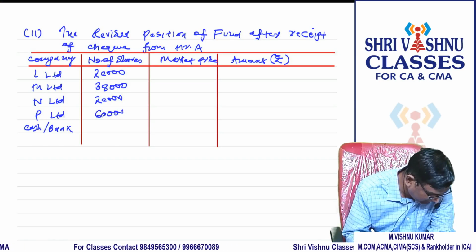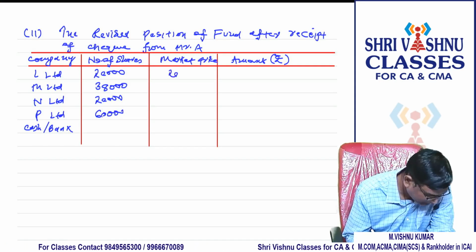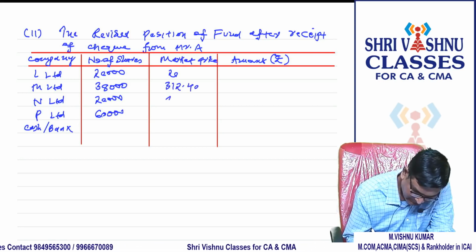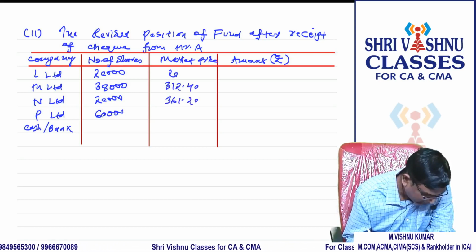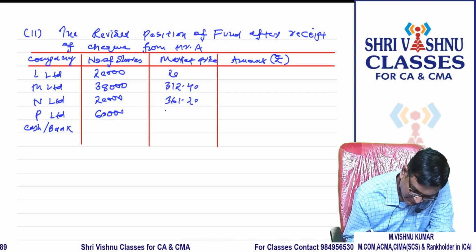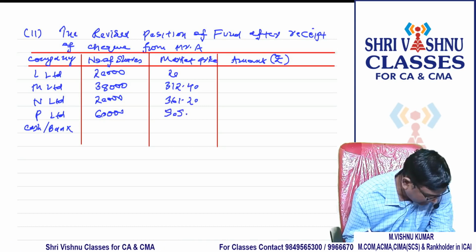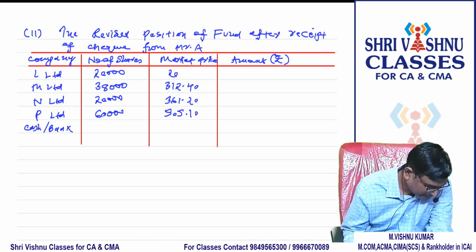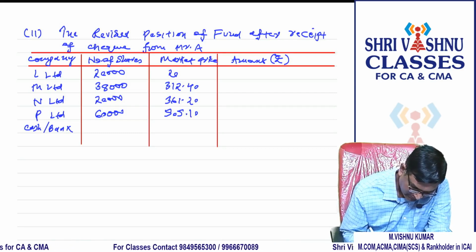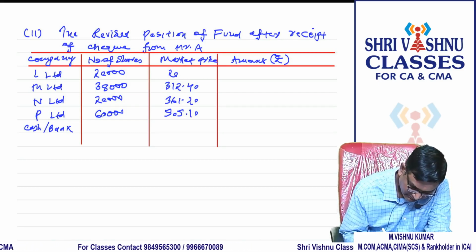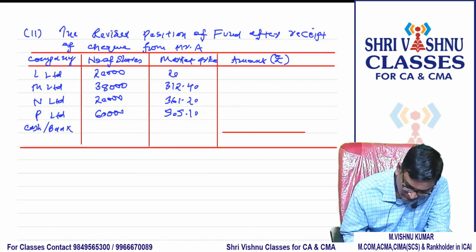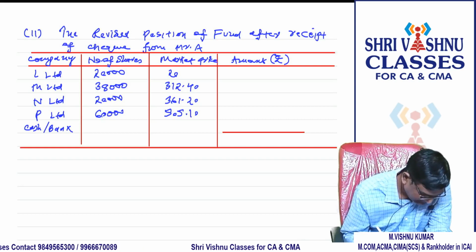The market price is 312. Now the cash balance also we have to calculate, how much cash is available. The 30 lakh check was given.